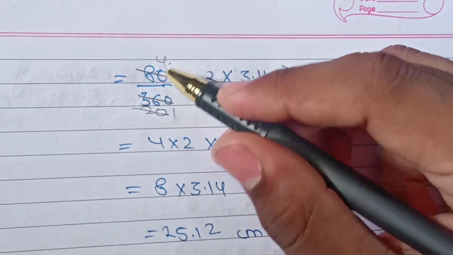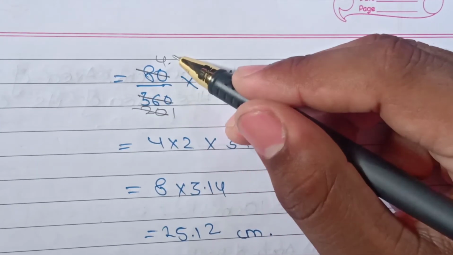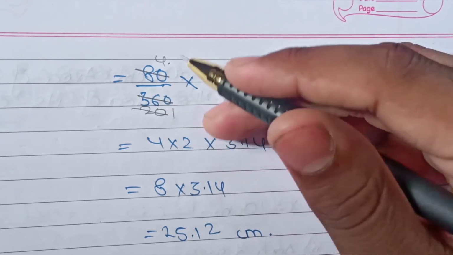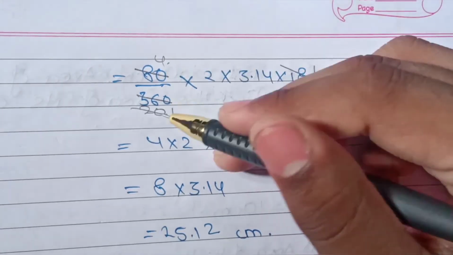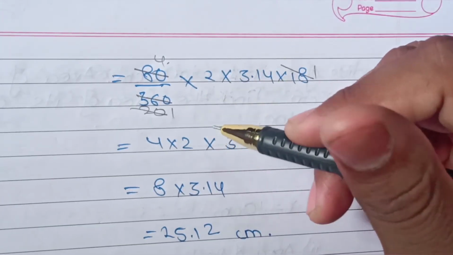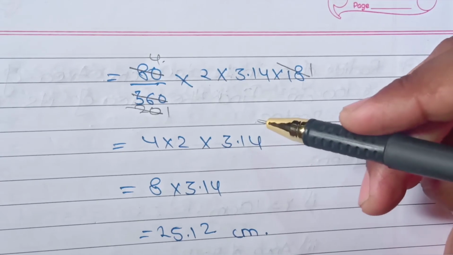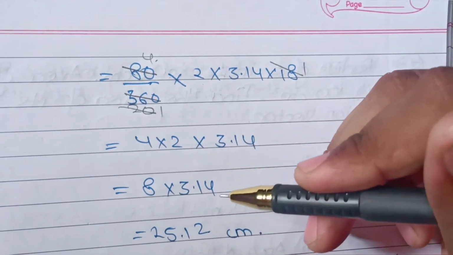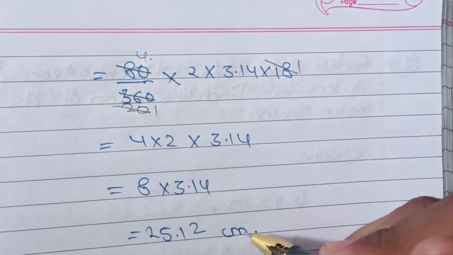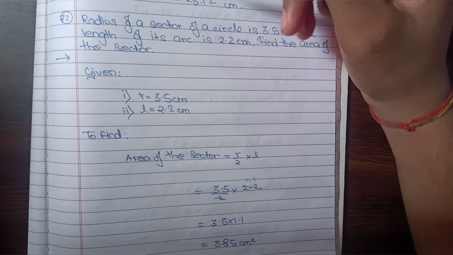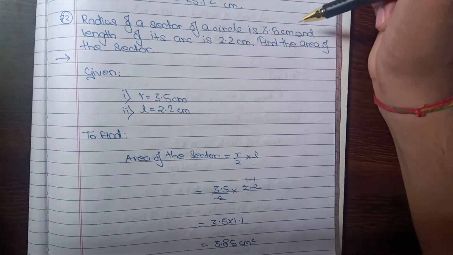Now the zeros will get cancelled. 2 4s are 8 and 2 into 18 is 36, and 8 1 then 4 upon 20 and 1 upon 5. So it will be 4 into 2 into 3.14, which is nothing but 8 into 3.14, which will be 25.12 centimeter.